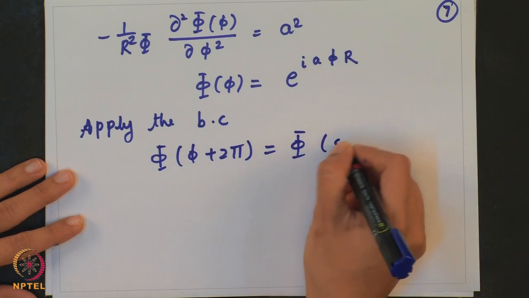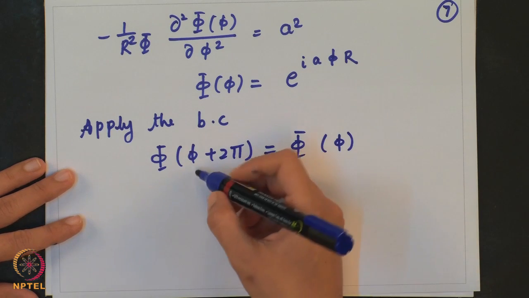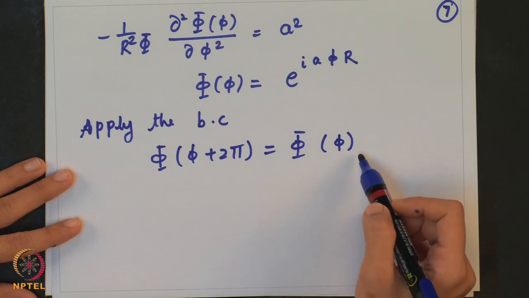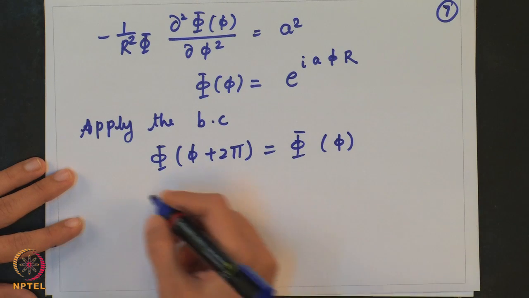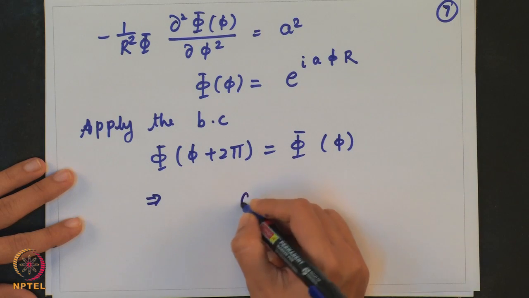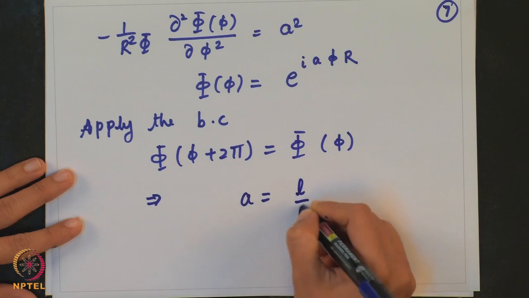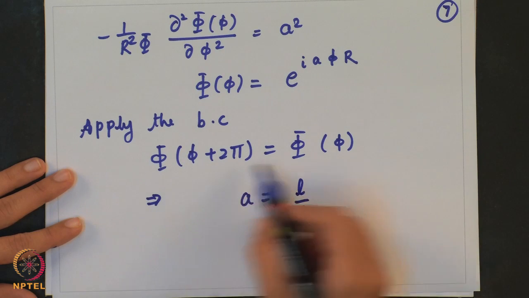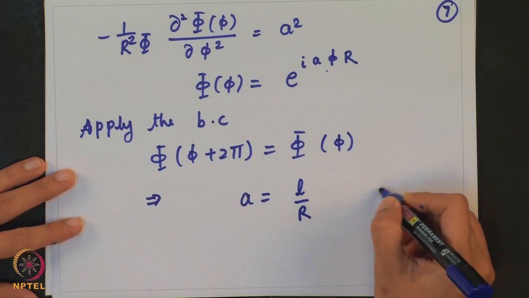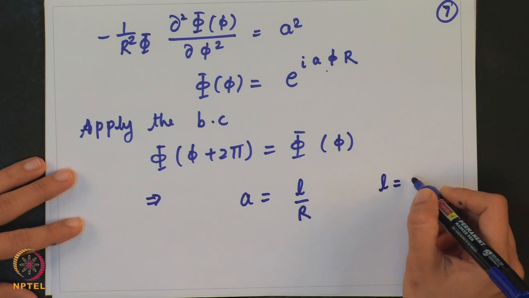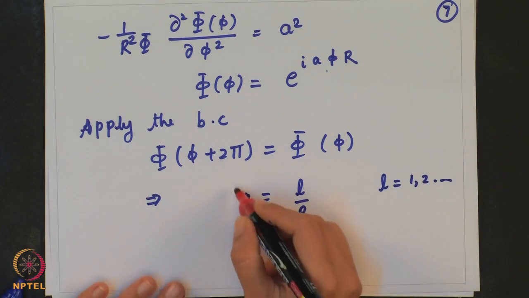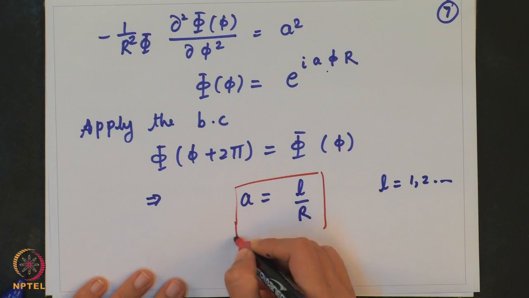At the boundary, that is after 2 pi rotation, phi will be equal to capital phi, which would give us the relation between A and r. So, A will be some l times r. This again you can substitute here and you get this expression, where l can take any value from 1 to n. So, this is the relation between l and r.